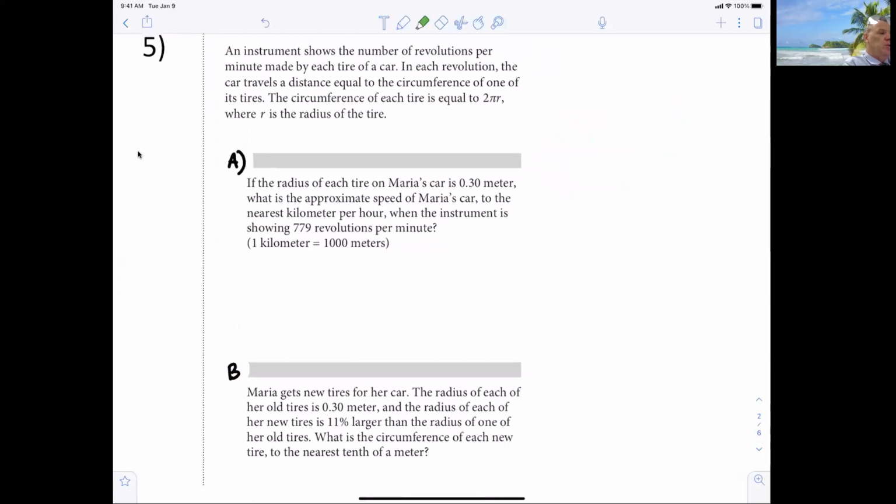All right, an instrument shows the number of revolutions per minute made by each tire of a car. In each revolution, the car travels a distance equal to the circumference. Does everybody understand that? If the circumference of my circle, let's just say, is 5 feet, and I roll the car down the road so my tire rotates one time, it will go how far? 5 feet.